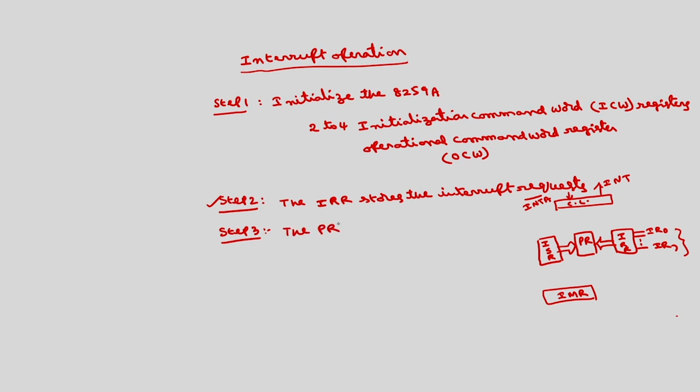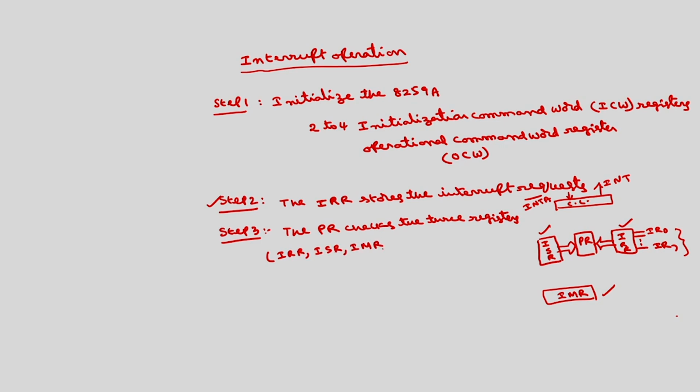PR stands for priority resolver. It checks the 3 registers. Which 3 registers? We have IRR, ISR, IMR.